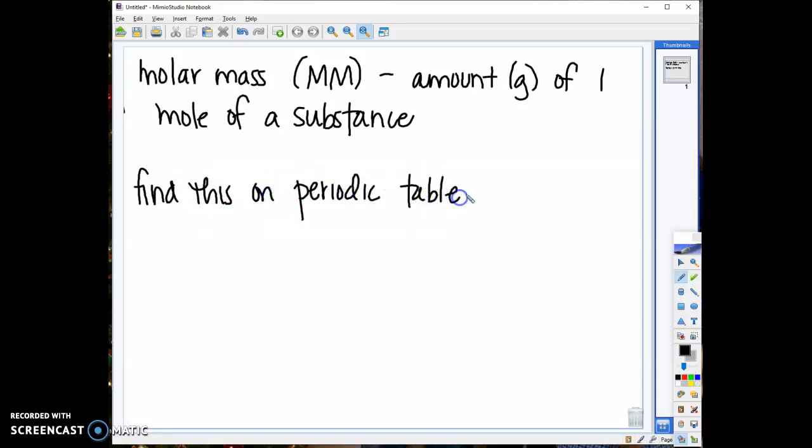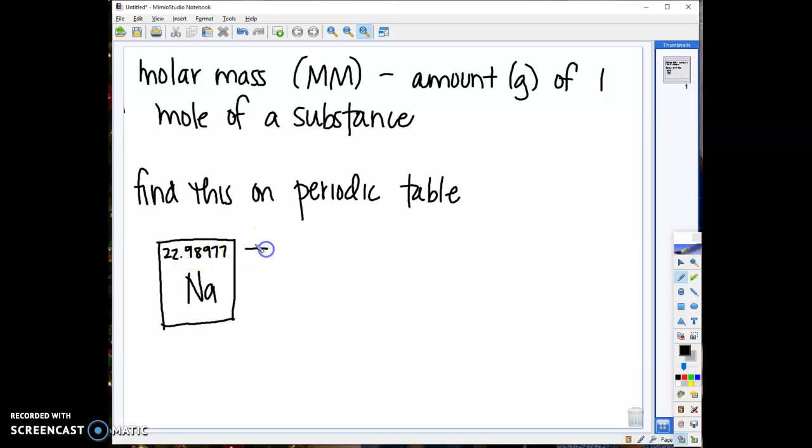And in your course resources, you have a periodic table provided for you, and the molar mass is in the upper left corner. So if I look at, for instance, sodium, I'm going to see a number up here in the upper left corner, 22.98977.